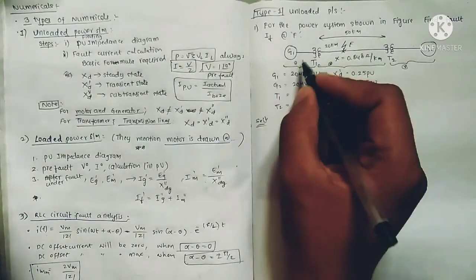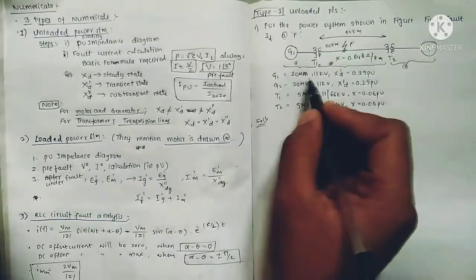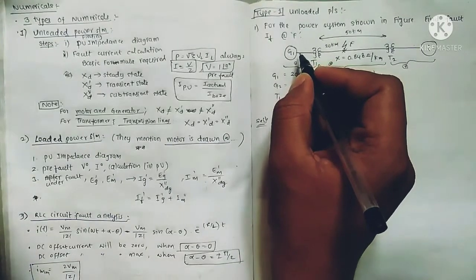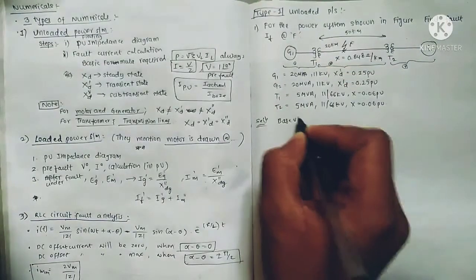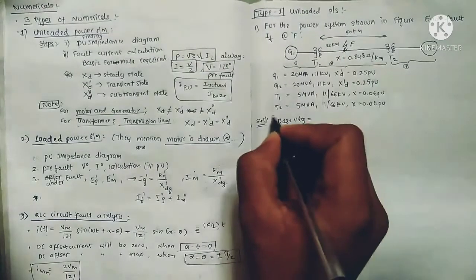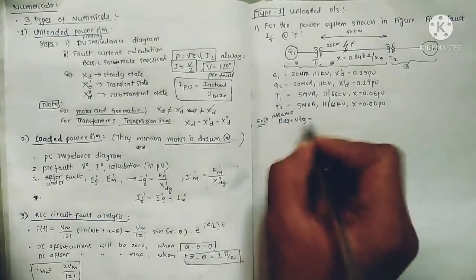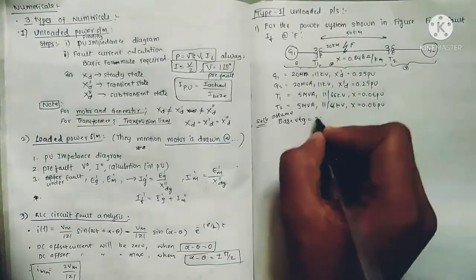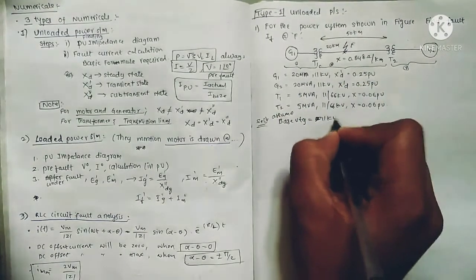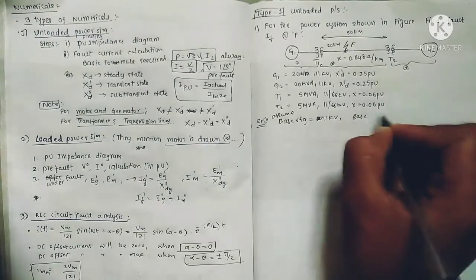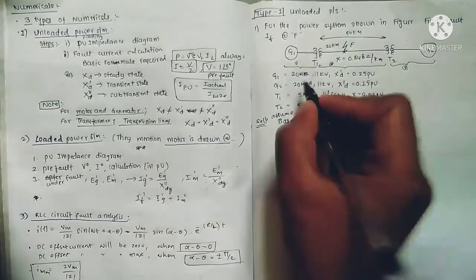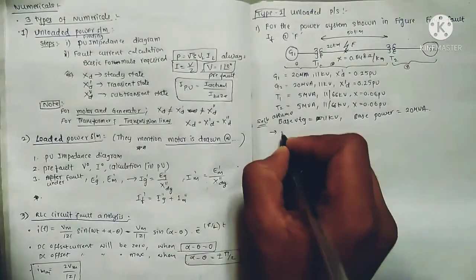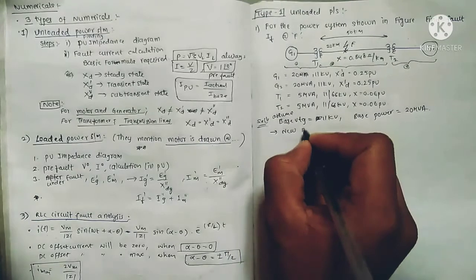I will assume the base values for this section: base voltage of G1, which is 11 kilovolt, and base power equal to 20 MVA. Therefore our next step is the new base voltage.